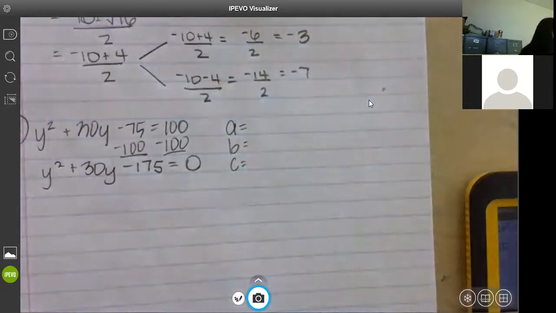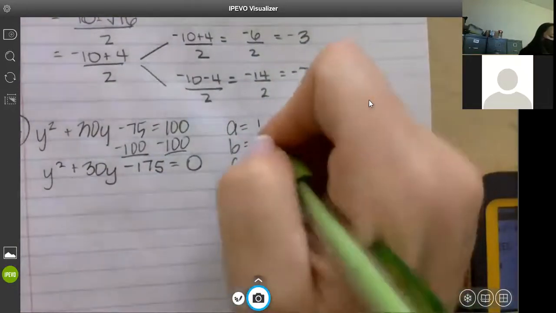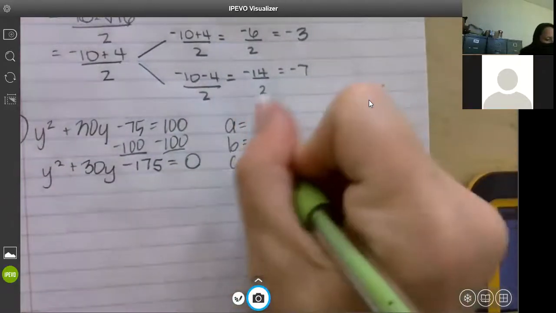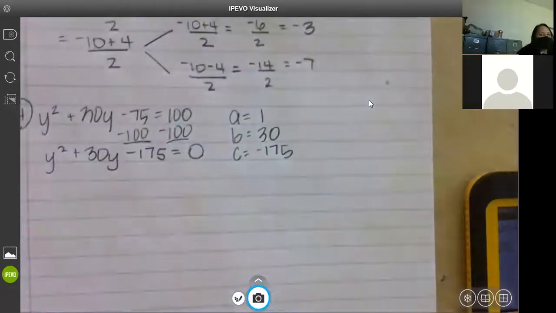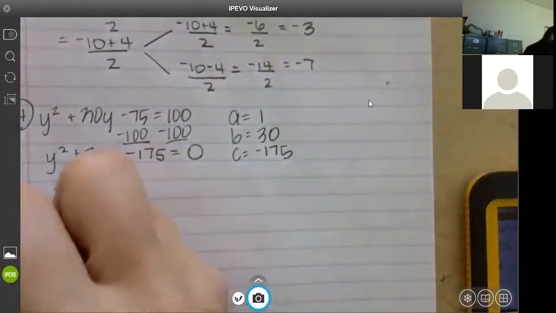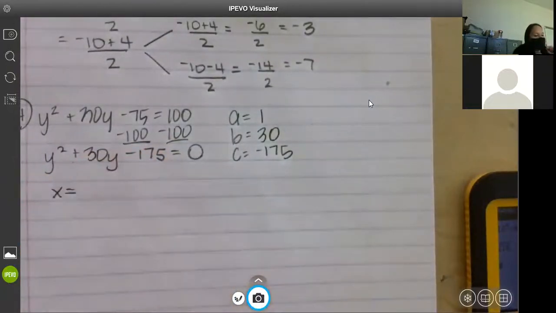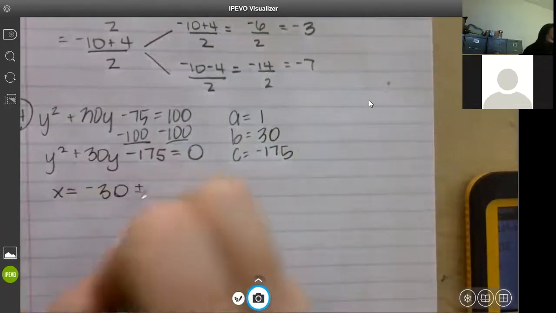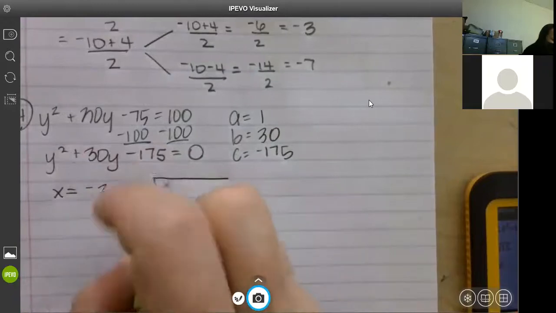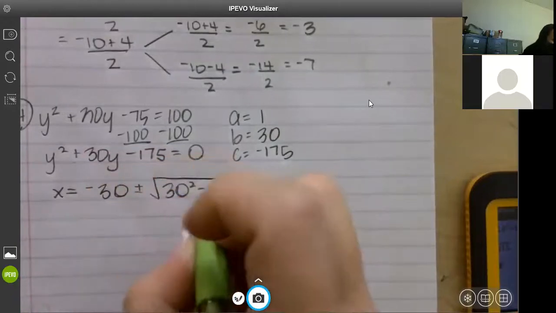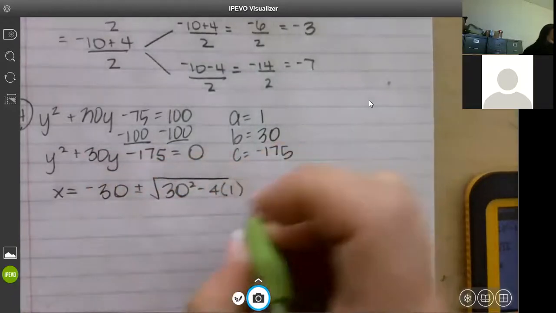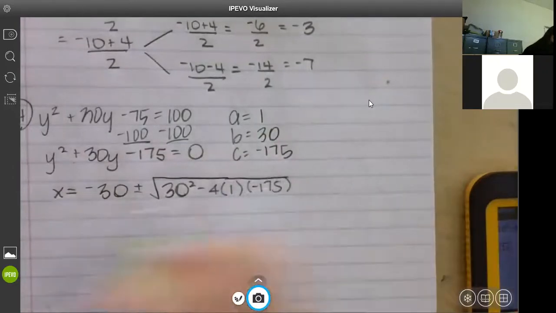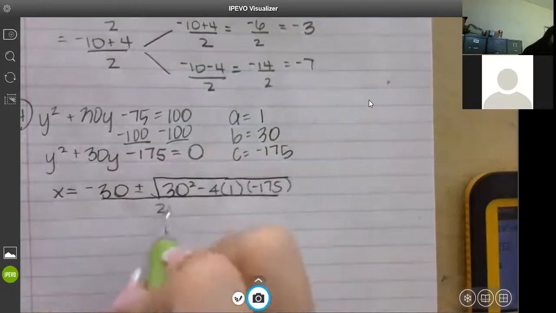Just to save time, I'm going to kind of go through this myself. A is 1, B is 30, and C, make sure you watch that sign, is -175. Our formula says x equals -b, so change the sign of 30 plus or minus the square root. 30 squared minus 4 times a is 1 times c is -175 all over 2 times 1.